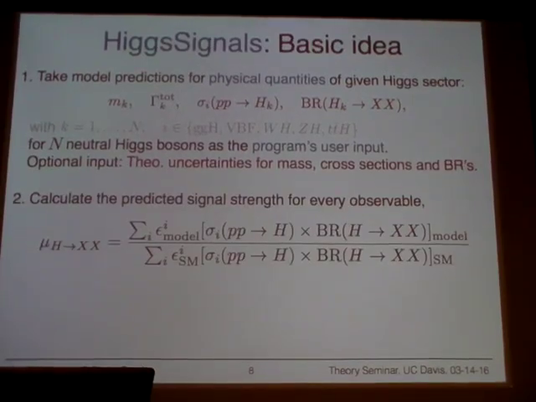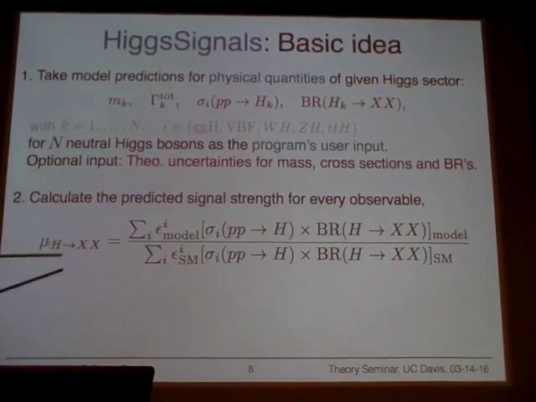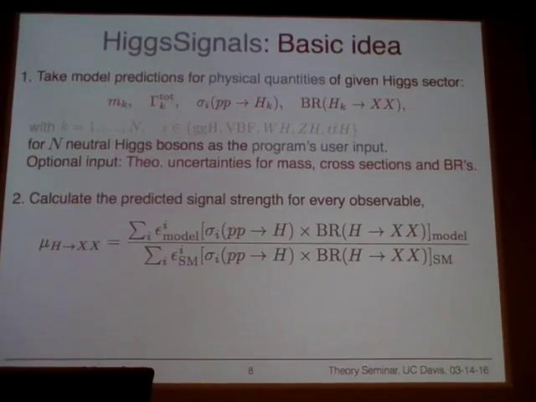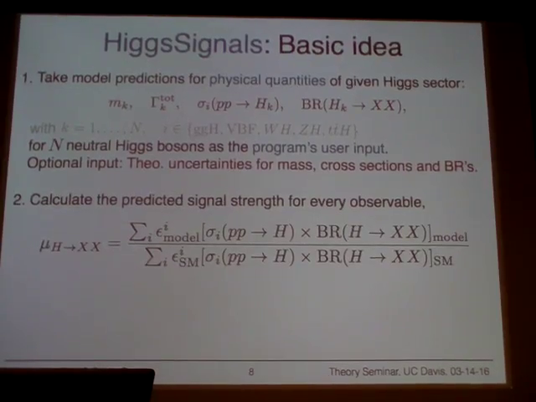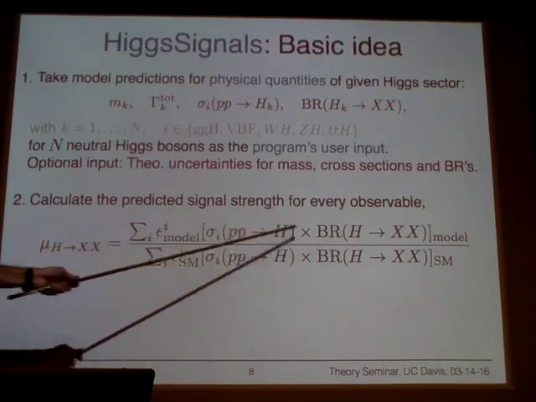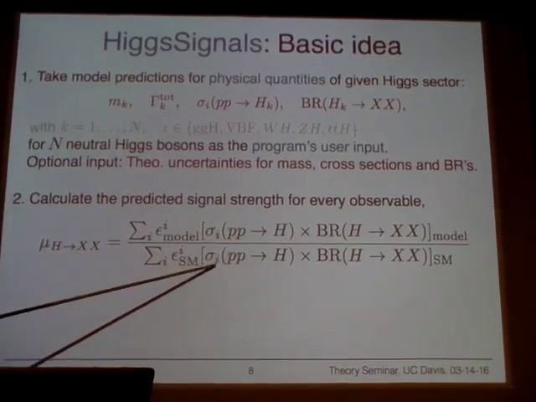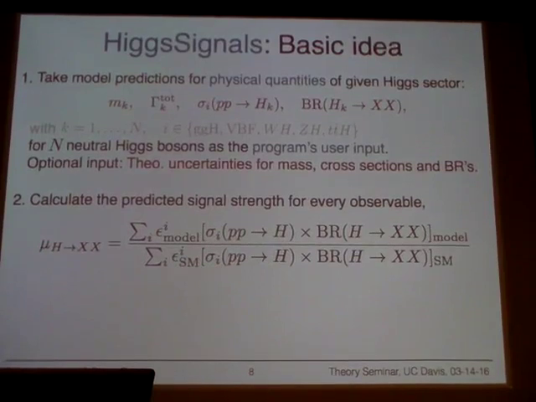Then the code uses this information and calculates the signal rates for all these observables. So this is just the signal rate you expect in the model, normalized to the standard model signal rate.